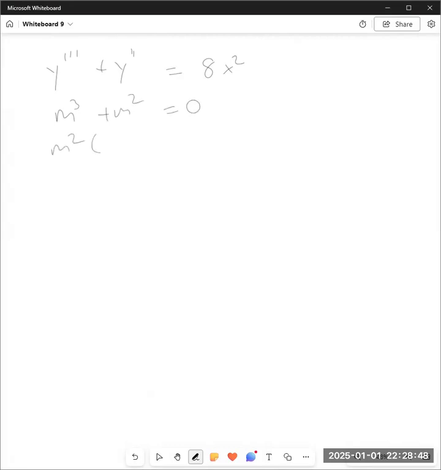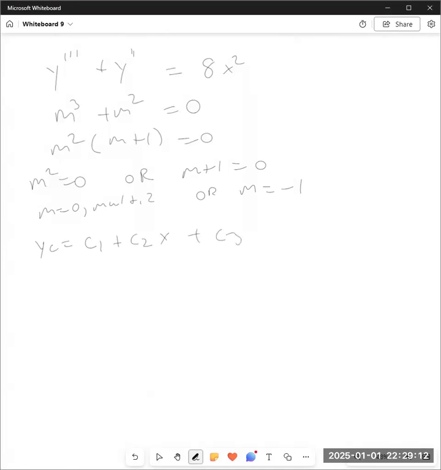Pull out the m squared and you get m squared times m plus 1 equals 0, so m equals 0 with a multiplicity of 2, or m equals negative 1, multiplicity 1. So yc equals c1 plus c2x plus c3e to the negative x.